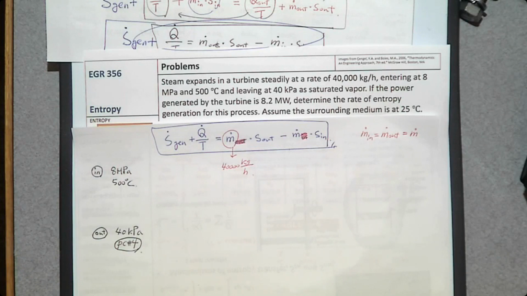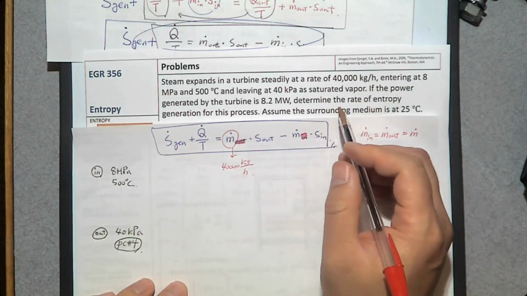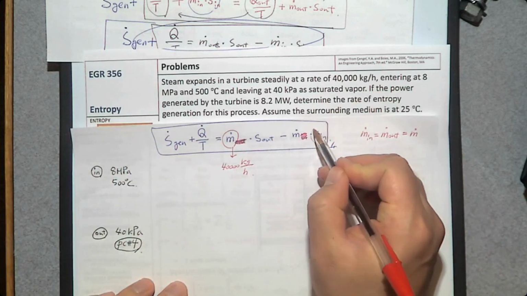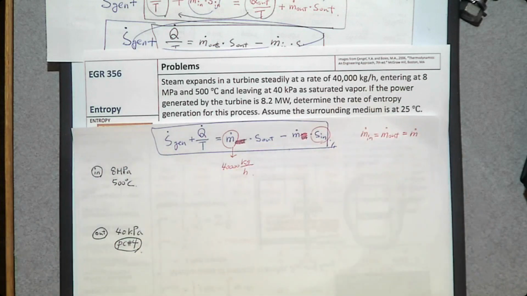So we want to determine this one, right? Let's see if we can use this equation. We already know m dot. What about S in? That is the specific entropy at the inlet. We have a pressure and temperature, so we can evaluate entropy, no problem.